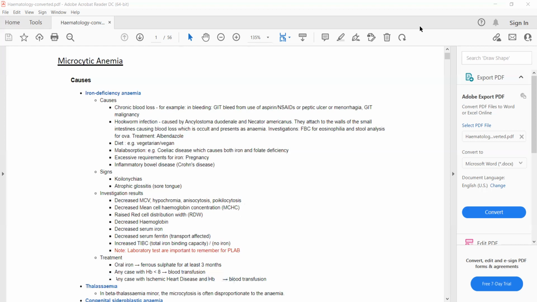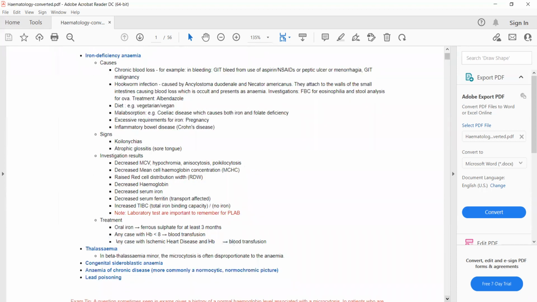So, what are the causes of microcytic anemia? The most common cause of microcytic anemia is iron deficiency anemia. The second cause is thalassemia. Third cause is congenital sideroblastic anemia.